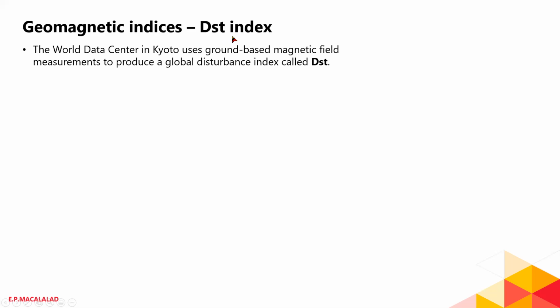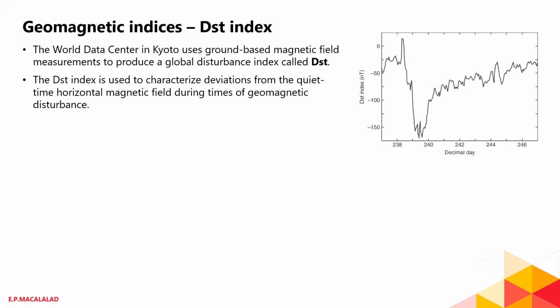And this Dst index is a global index. And a typical geomagnetic storm has a very specific signature when you look at the Dst index. This is an example of that.